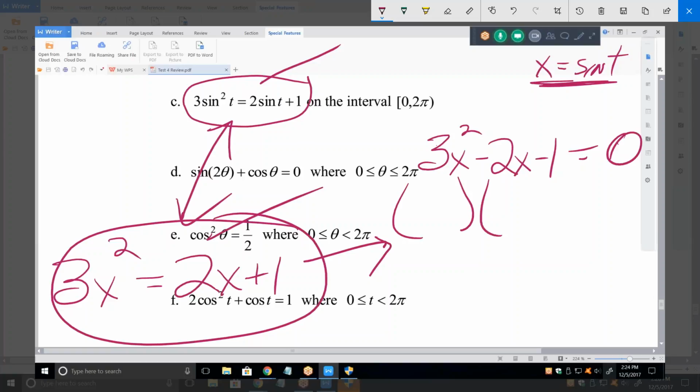So factor that. Don't do it that way. Split up the 3x squared first. 3x and then the other side's x. Now determine both signs.